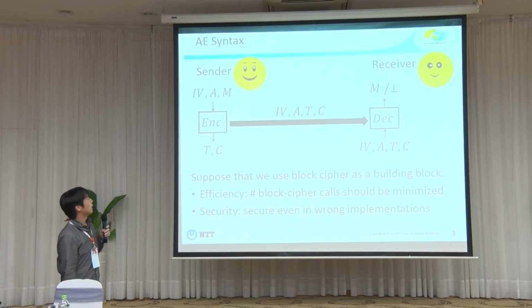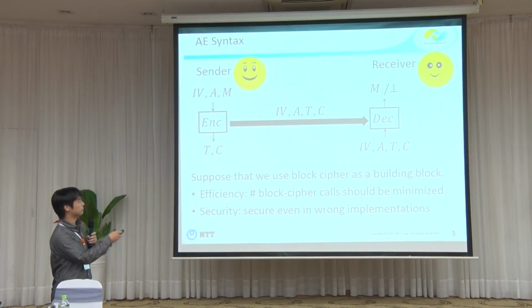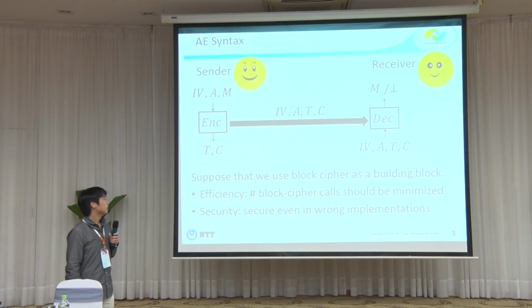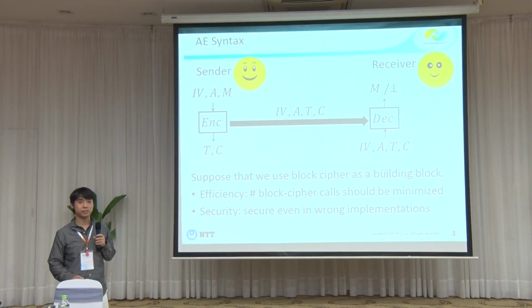Okay, so how do we design AEAD? Suppose that we use a block cipher as a building block, because it's natural, since we want to make encryption. Of course, the challenge is achieving the following two at the same time: one is efficiency and another is security.